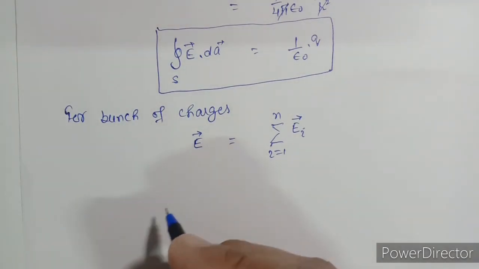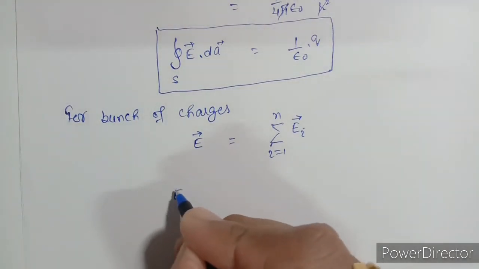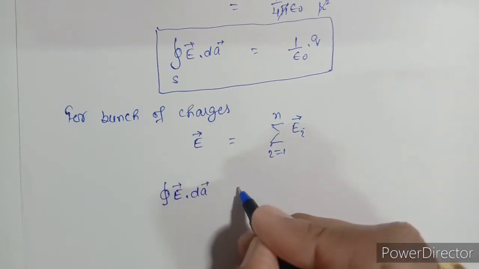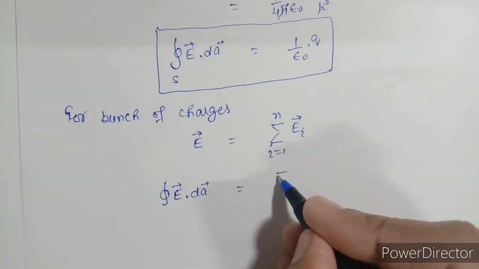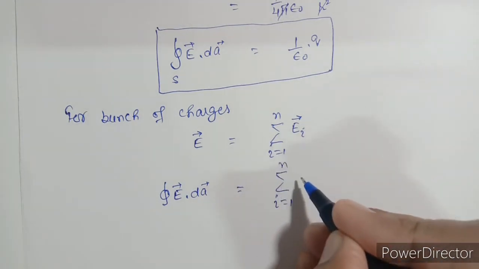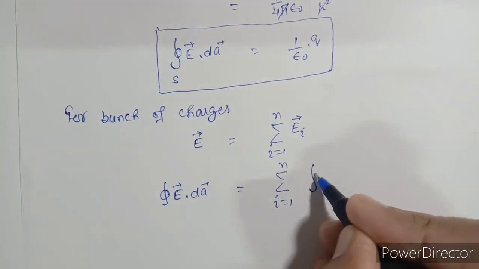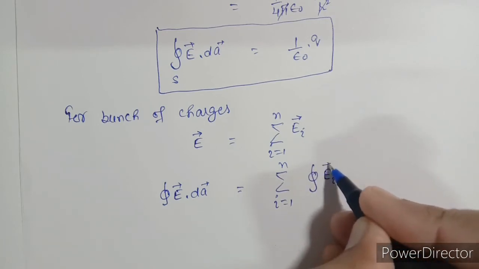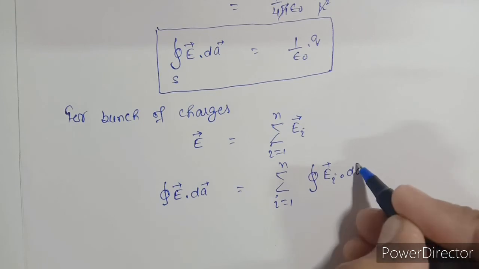So finally we can write that the integral of E dot dA is equal to the summation, i equals 1 to n, of the integral of Ei dot dA.